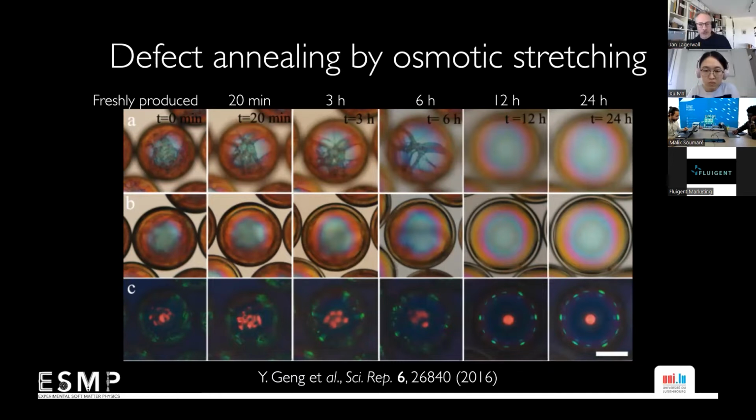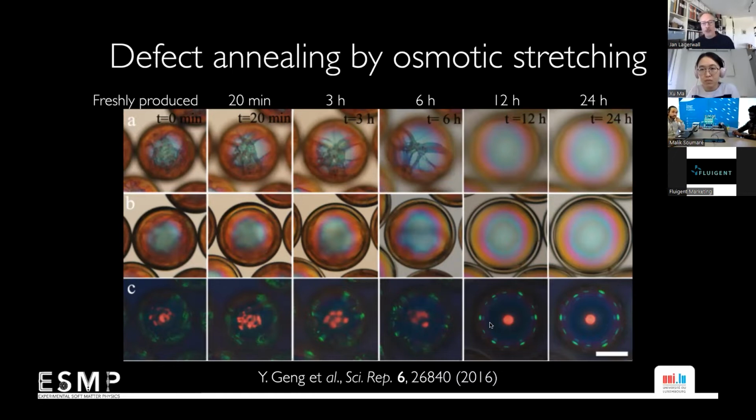So by optimizing the material that you use for osmosis and optimizing the liquid crystals, you can make this process much faster. And basically what it's based on is the stretching that the osmotic flow of water gives rise to, that compresses the shell and therefore aligns the helix in the way we want. So you see, you get the nice optical properties fairly quickly in this way.